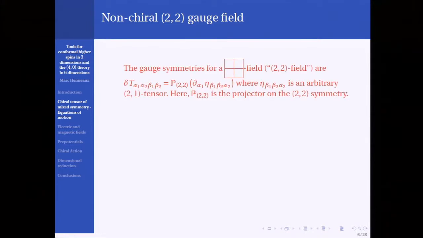Let me go now into the heart of the matter and describe this non-chiral 2-2 gauge field, which, as we will see, and as was very clearly stated already by Chris, is indeed an exotic description of gravity, in a sense that one sees by going to dimensional reduction. The idea is to consider a free field described by this Young tableau, so that it will have 4 indices.